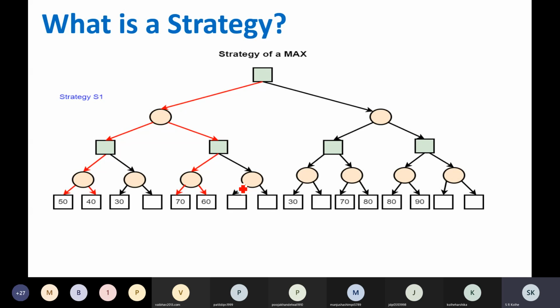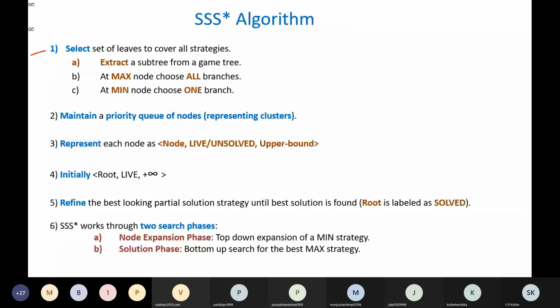Out of these 16, now we have to find a set of nodes which will belong to all these strategies. A set of leaves which will cover all strategies, so a minimum set of nodes, of course. It's simple. For this game tree, at max node you choose all branches, and at min node choose only one branch.